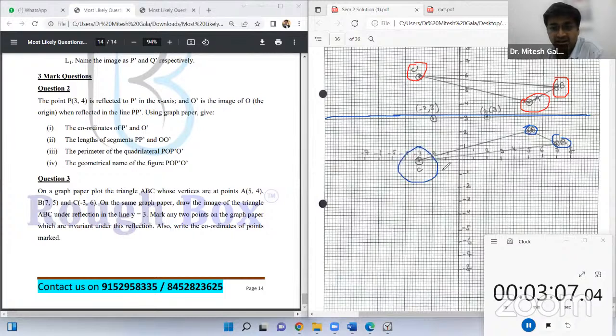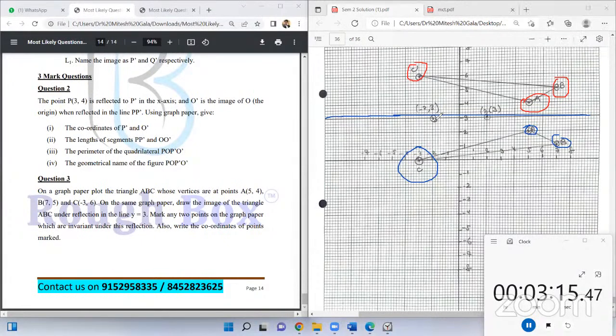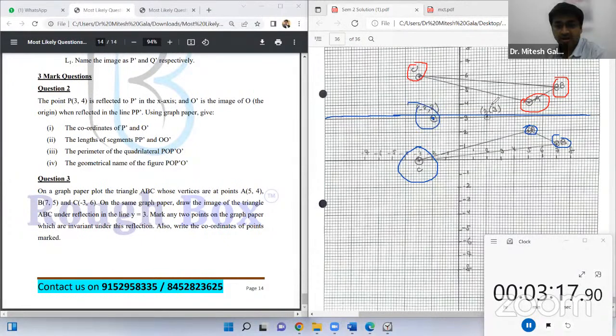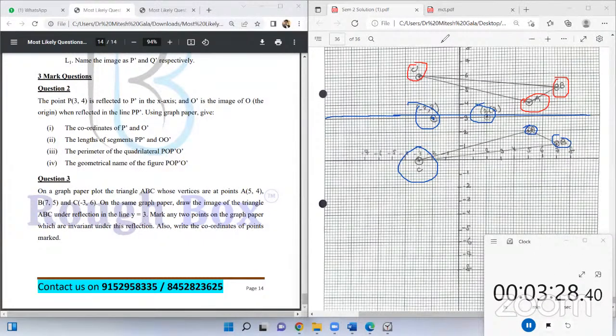So you get your A dash, B dash, C dash. Mark any 2 points on the graph which are invariant for this line. You can take this point here; any points that you get on this line are all good because they are invariant. Is this last question clear, everybody? Yes, sir.